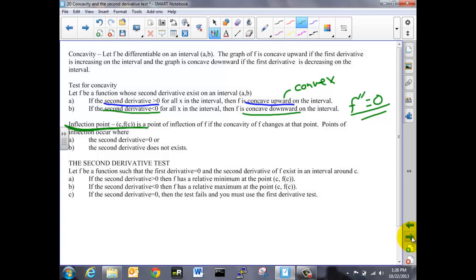Tell me what's different. Second derivative is 0. So we're dealing with second derivative. Second derivative is 0. Second derivative is undefined. The minuscule other part that you're going to miss: concavity changes.